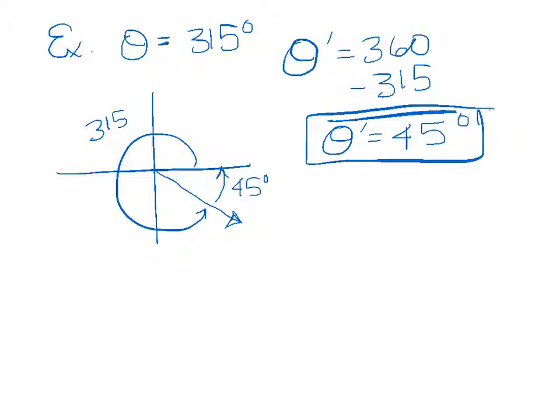If you looked at the triangle that this angle makes, it's the very same triangle that you would have over here at a positive 45 theta prime. The length of x is the same and the length of y is the same. The only thing that's different between those two is that in this one the y is positive and in this one the y is negative. Otherwise they're the same angle. That's what makes them reference angles.